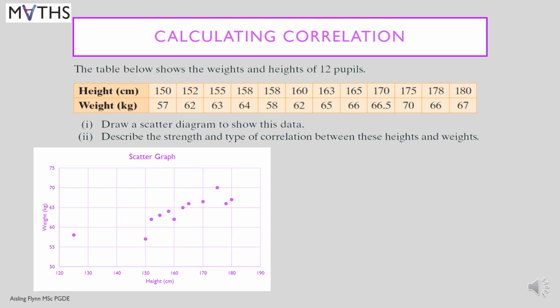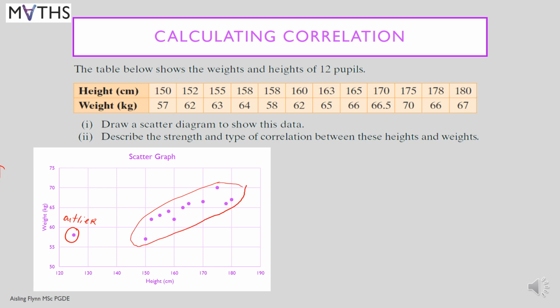Okay, yes, there is this one single point out here, this is what I'd call an outlier. But if we ignore that for the time being, you can see that for sure there is a positive correlation, and that when you group them, it's quite a narrow grouping.